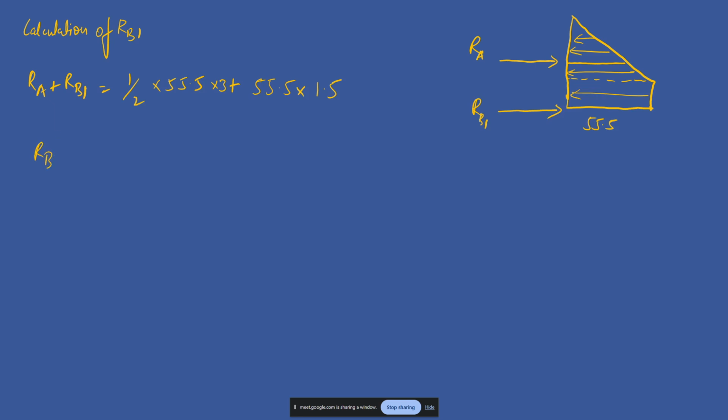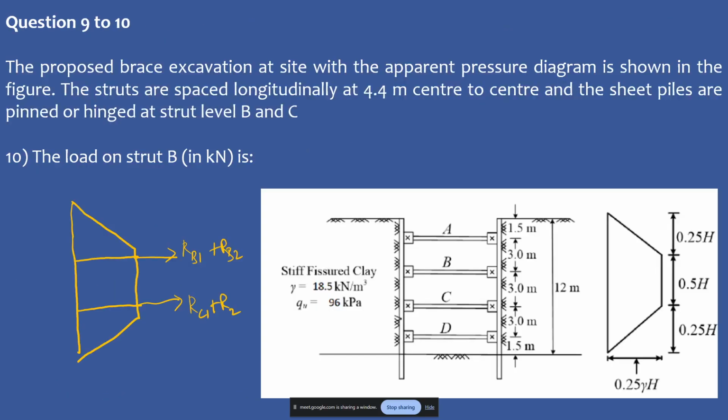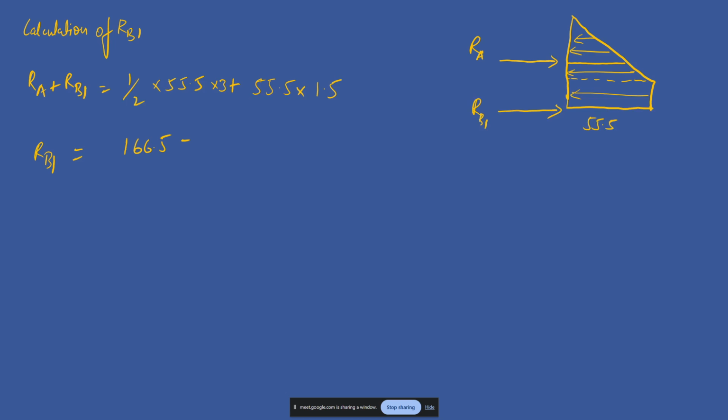So we already know what RA is. Your RB1 is basically, let me calculate this. 0.5 into 55.5 into 3, plus 55.5 into 1.5, it's 166.5 minus RA, which is 90.26.